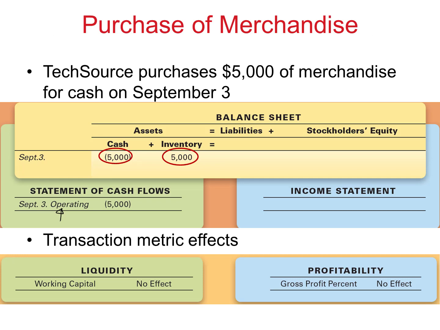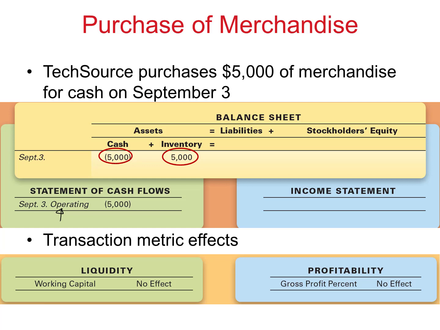Over the next several slides, we're going to go through specific transactions for a retailer. The retailer name is TechSource. In this transaction, TechSource purchases $5,000 worth of merchandise for cash on September 3rd. What we see here is that there is a reduction in cash.